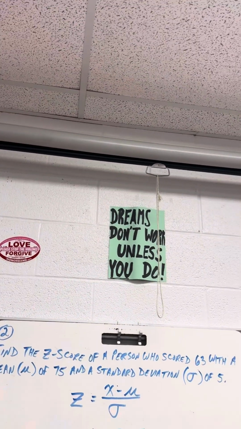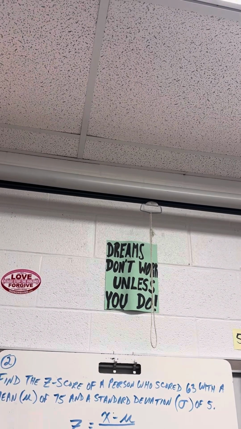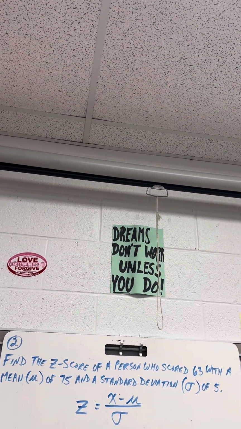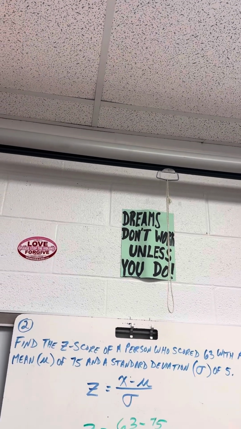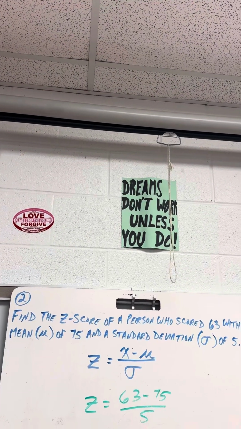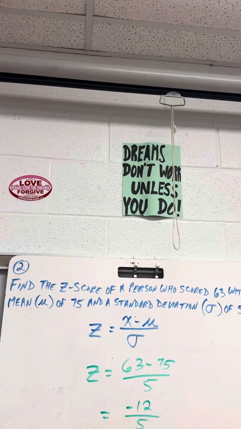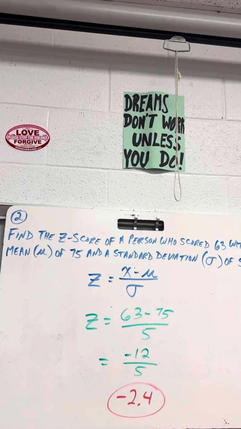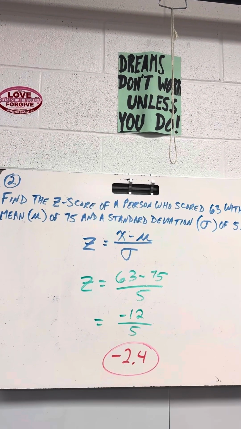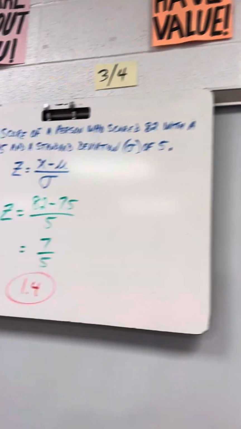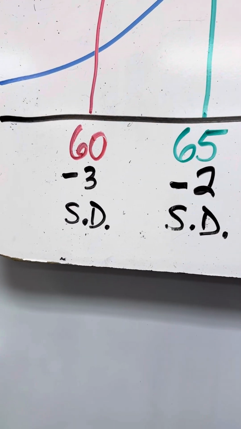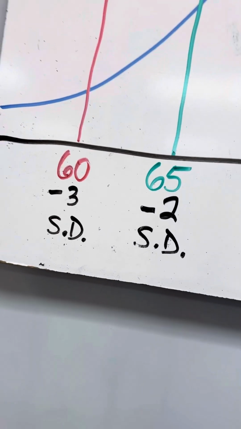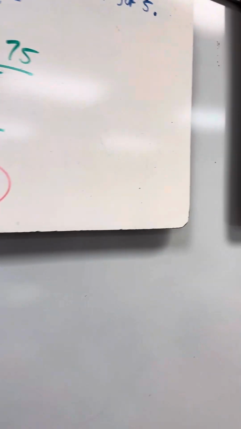So find the Z-score of a person who scored 63 with a mean of 75 and standard deviation of 5. Okay? 63 minus 75 divided by 5, or -12 divided by 5, is -2.4, which hopefully makes sense because that is, in fact, between -2 and -3. Okay? The answer was -2.4.